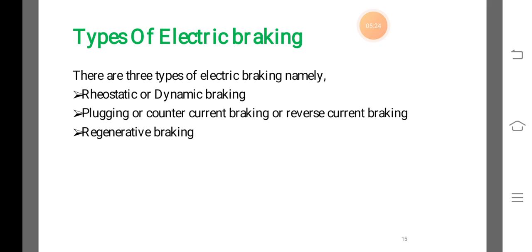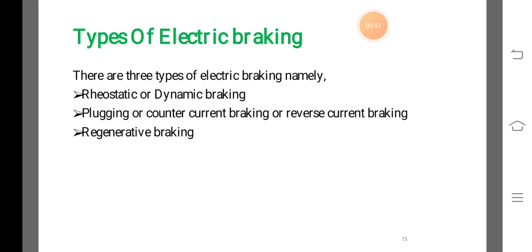Then let us see types of electric braking. First, let us explain what is meant by braking. Sometimes it is desirable to stop a DC motor quickly. This may be necessary in case of an emergency stop or to save time. The motor and its load may be brought to rest by using either mechanical, that means friction braking, or electrical braking.